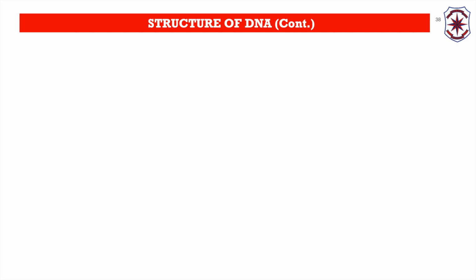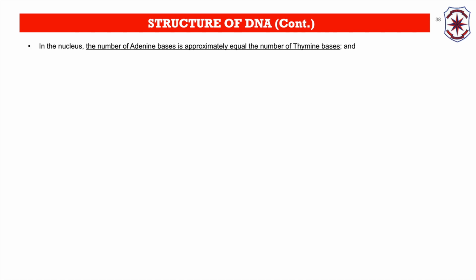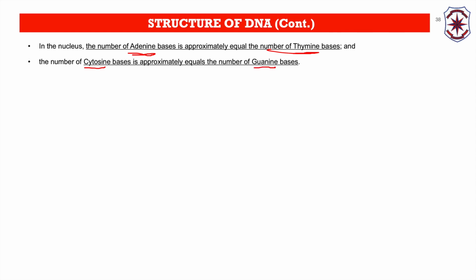Okay, guys, continuing with DNA structure, what you need to note is that the number of adenine bases equals approximately the number of thymine bases. So if there's, for instance, 1,000 adenines in the nucleoplasm, there will roughly be 1,000 thymine bases as well, and the number of cytosine bases equals the number of guanine bases approximately.